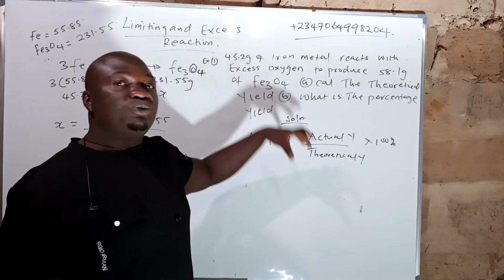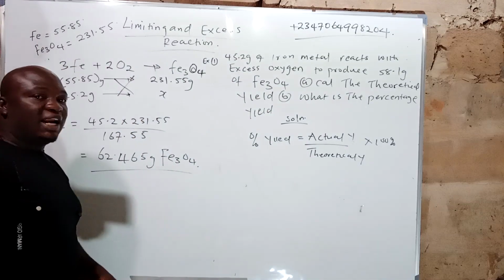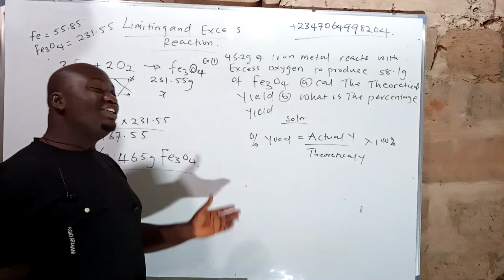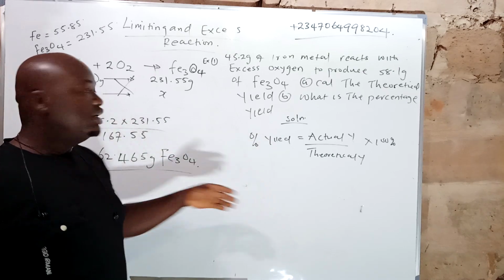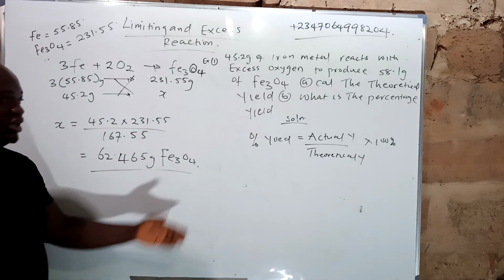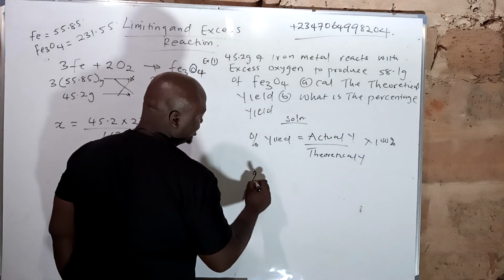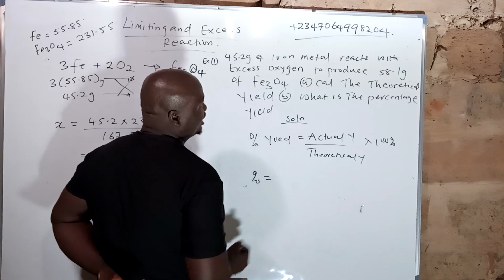All you have to do is calculate and get your theoretical yield. And that is what I did. And I said again, the theoretical yield is always the mass or moles of the product. That's why immediately I went and used reacting mass to get the mass of the product. Now, all you need to do to calculate your percentage yield is put it into this equation and your answer will flow naturally.